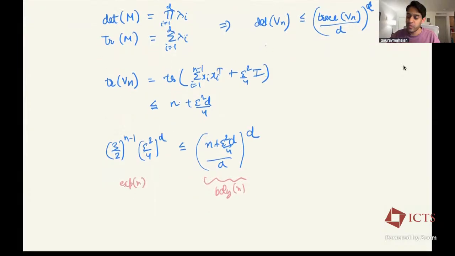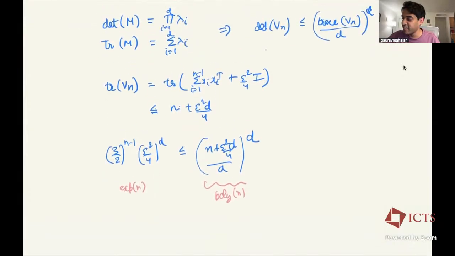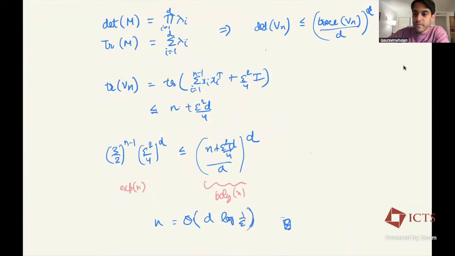So it cannot be too big. And basically, if you solve this equation, you get that n can be at most d log 1 by epsilon. Okay. So you cannot find too many epsilon-independent vectors in a space. It's just constrained by volume.